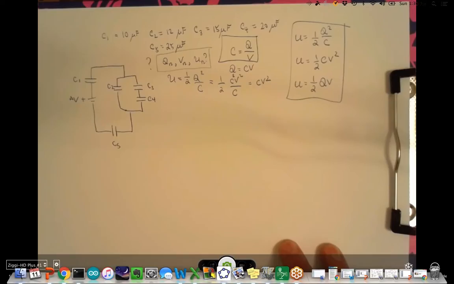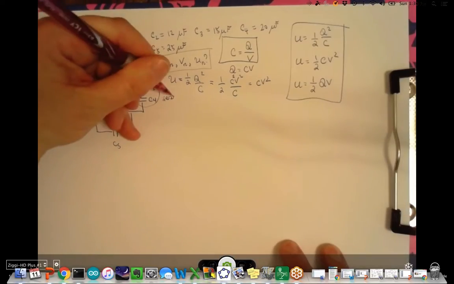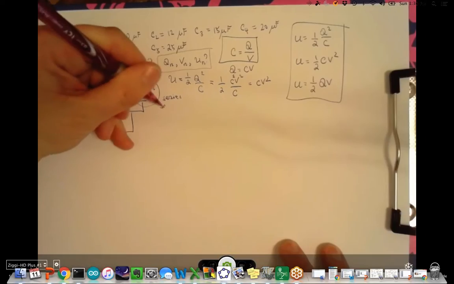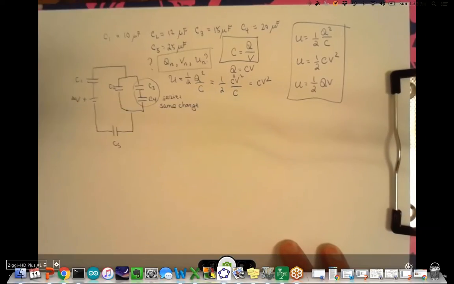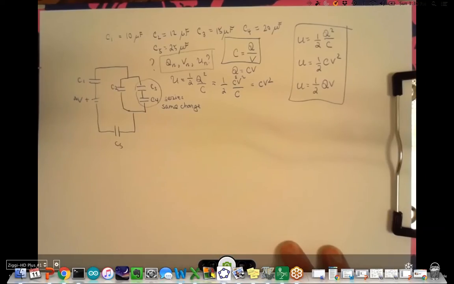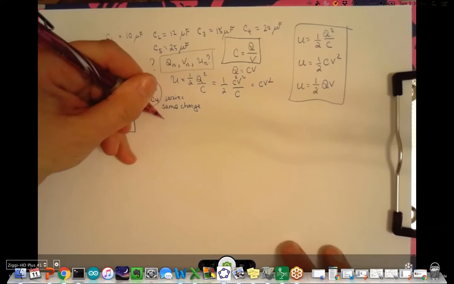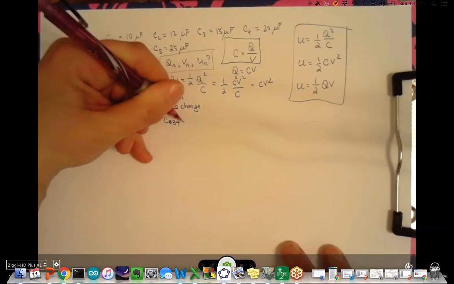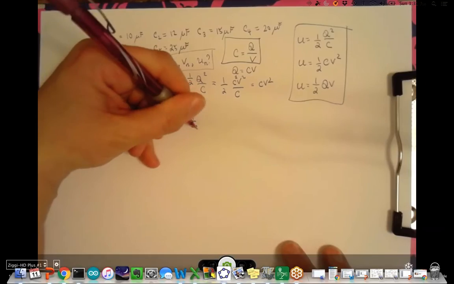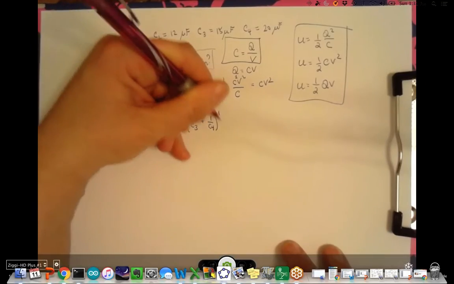The simplest connection I can see are these two right here. These are definitely in series, which means they have the same charge on them. That's true for capacitors in series. To add capacitors in series, the equivalent capacitance of these, which we're going to call C34, is going to be 1 over C3 plus 1 over C4, to the minus 1.